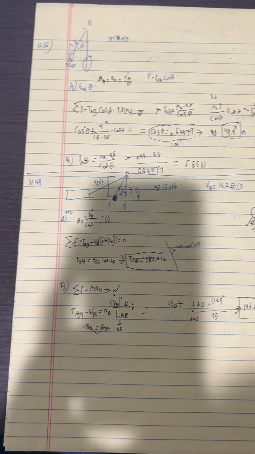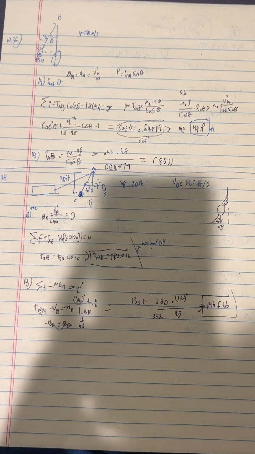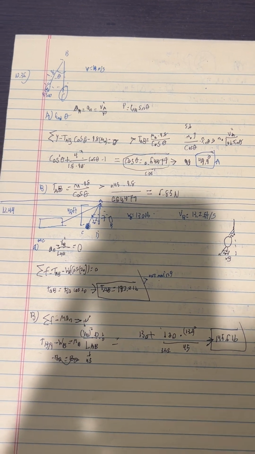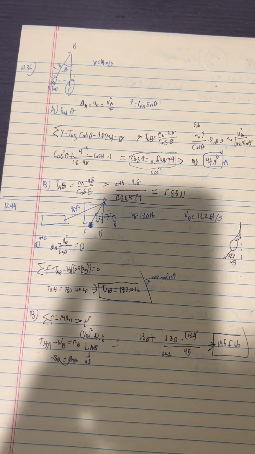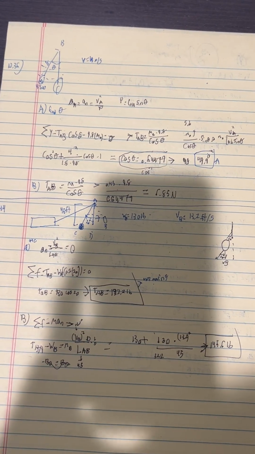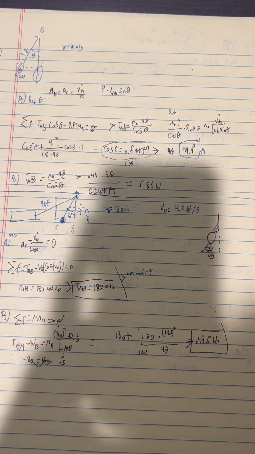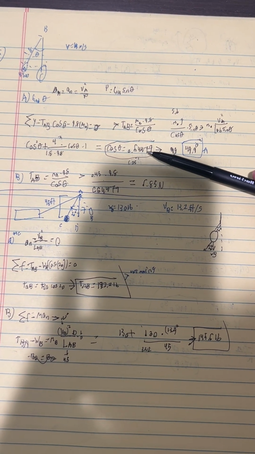And then for 12.36, which is the one with the kids playing tetherball, I was easily able to find the force in the y direction and the distance away from the pole, and that helped me find theta, which was the angle, right here.